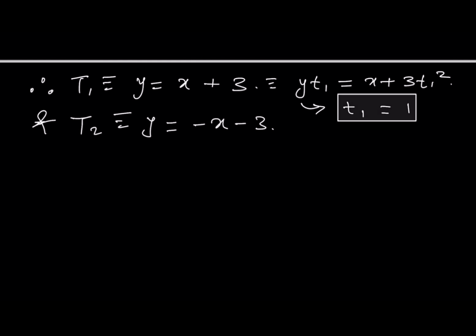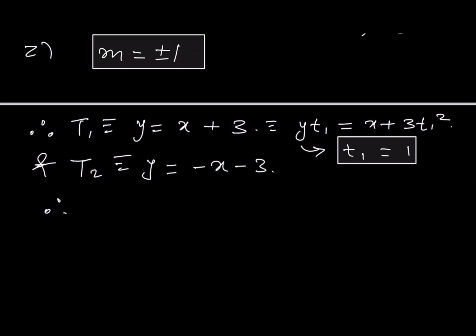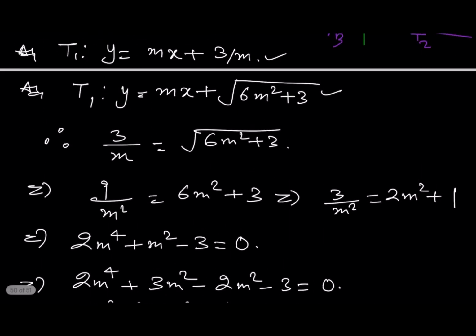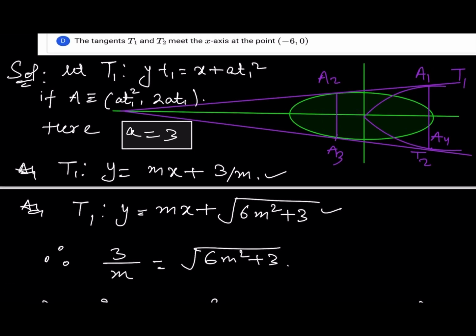So as coordinates of a1 is at1 square comma 2at1, so 3 comma 6. Coordinates of a1 are 3 comma 6, right? Now if a1 has coordinates 3 comma 6, so a4 will be 3 comma minus 6.